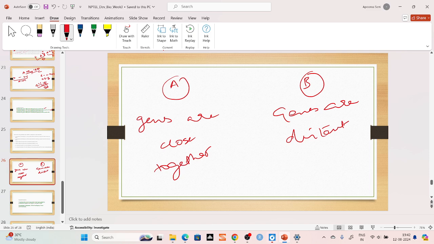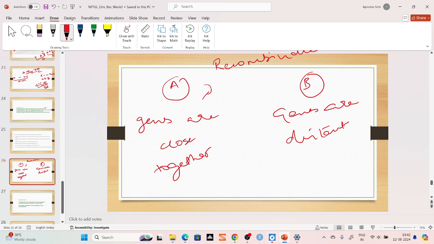We can say that when genes are close together then they are linked. That means the chances of recombination are less. So genes close together means recombination frequency is less.